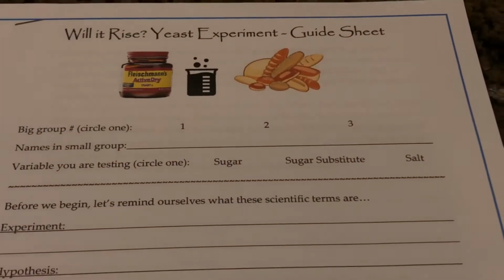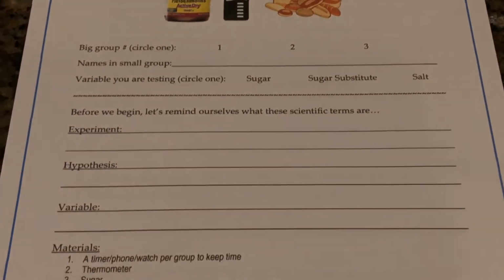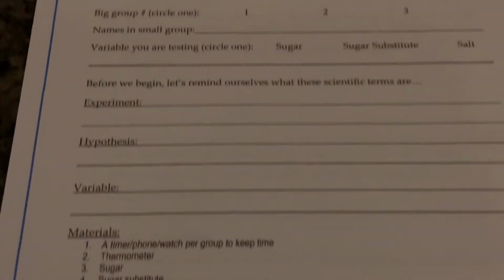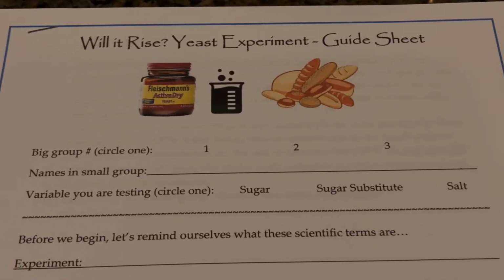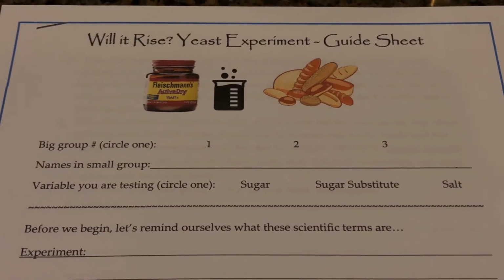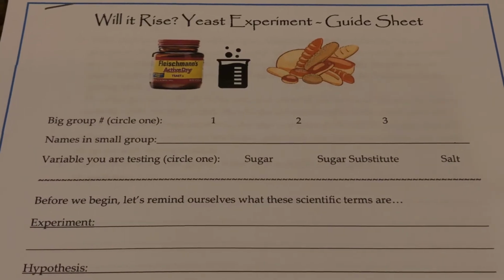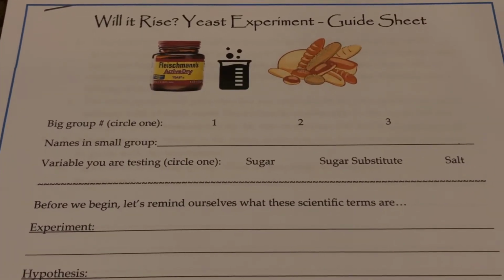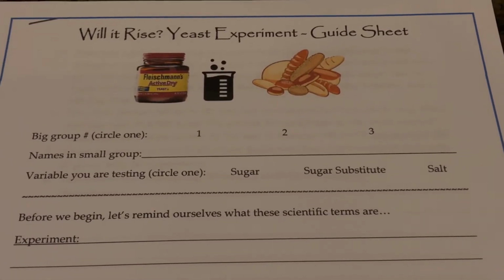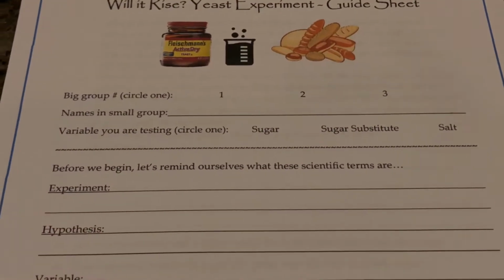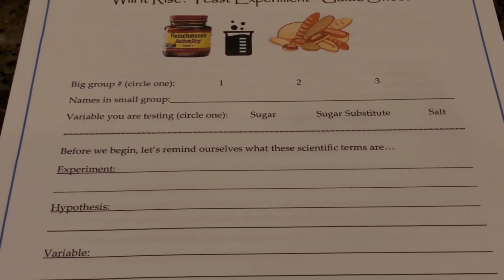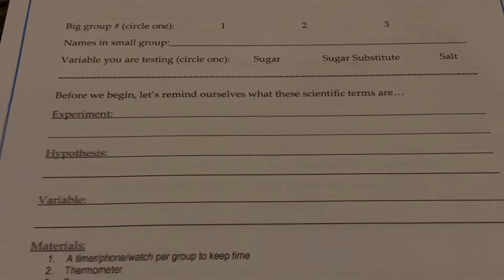And if you'd like to take a little close-up of the experiment sheet. So yeah, we have 3 different groups, and then the classmates will write the names of those in their small group, and then they will circle the variable they will be testing, so sugar, substitute, or salt.